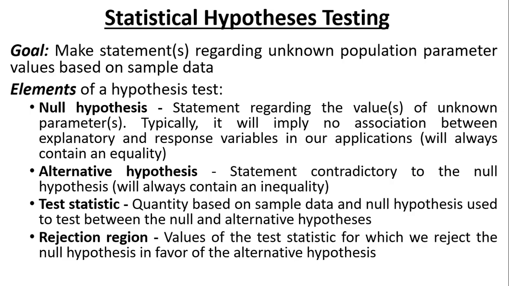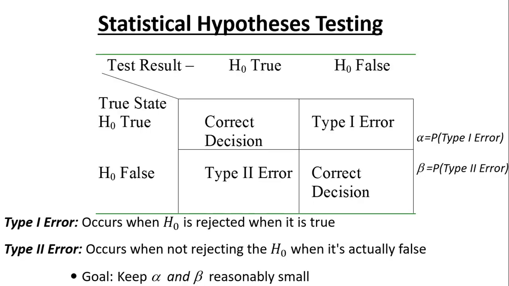Any value you derive from your test statistic will then be used to make a decision in the rejection region: do you reject or do you accept? So these are the four major elements in statistical hypothesis testing that you must be familiar with. We'll still talk more about them.